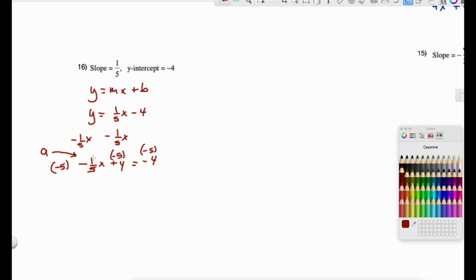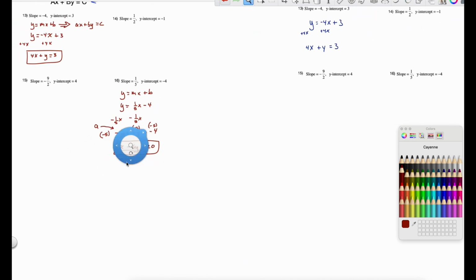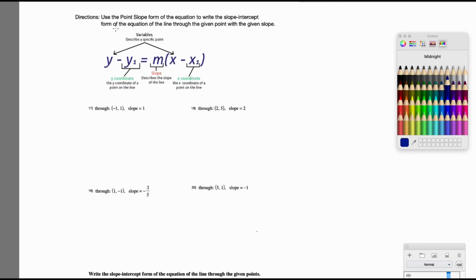So -5 times -1/5 is just x. -5 times y is -5y. -5 times -4 is 20. And this is the best standard form equation for a line that we could write, given the slope and the y-intercept. Okay? Very good.